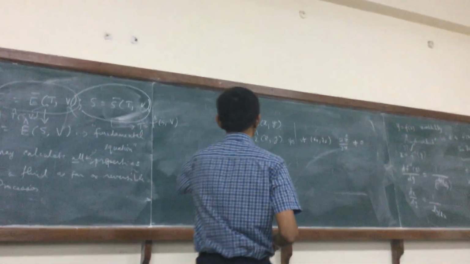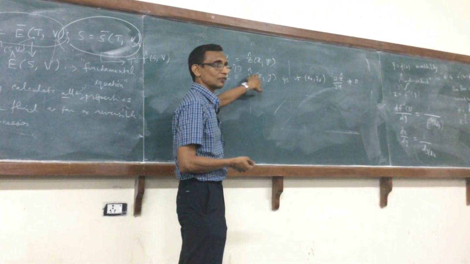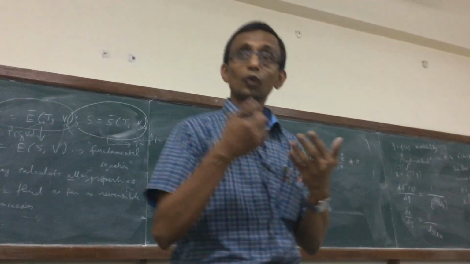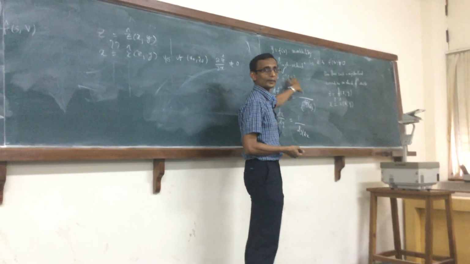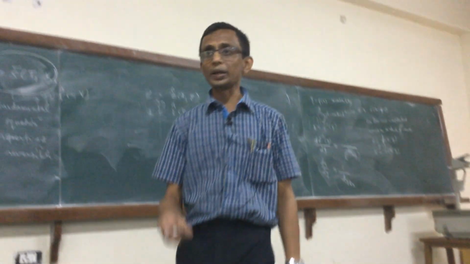Then the question is, what are the derivatives of the new function with respect to the variables z and y? There are now two derivatives, because here x is expressed as a function of y, there is only one derivative, dx by dy. It's related to the derivative dy by dx.